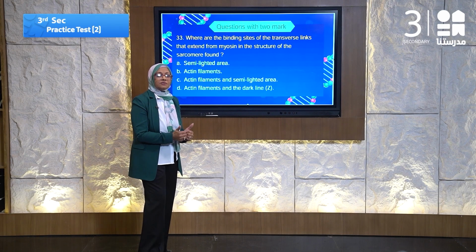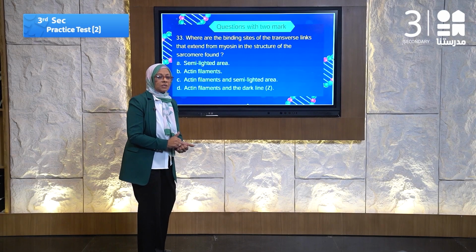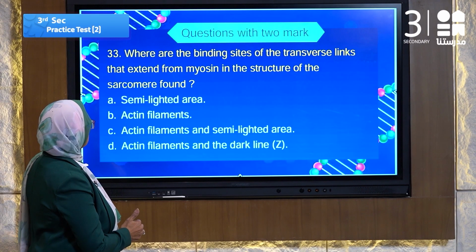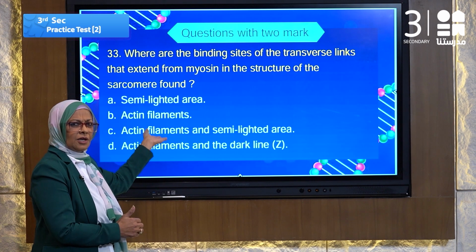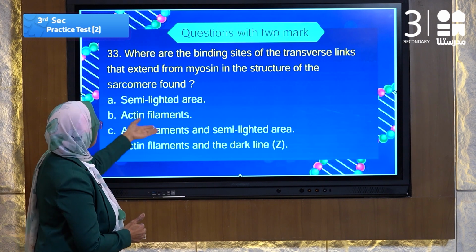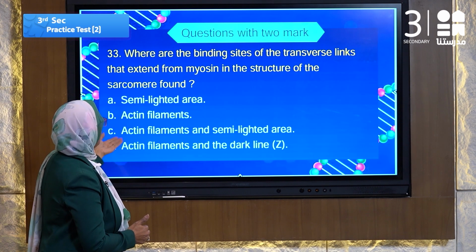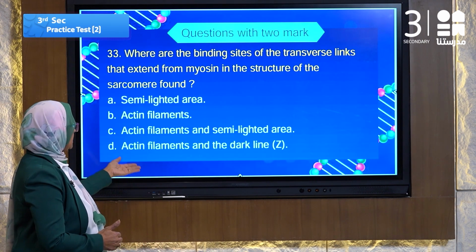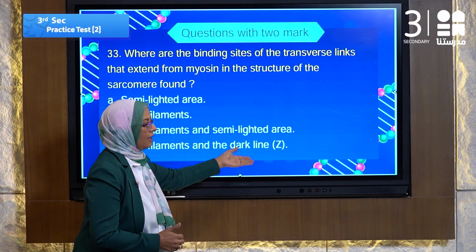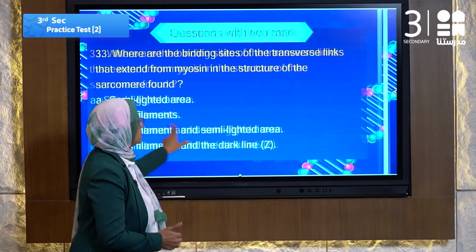Now, muscle function and muscle structure. Let's go to the choices. A, simulated area. B, actin filaments. C, actin filaments and simulated area. D, actin filaments and the dark line Z. Let's go to the answer.